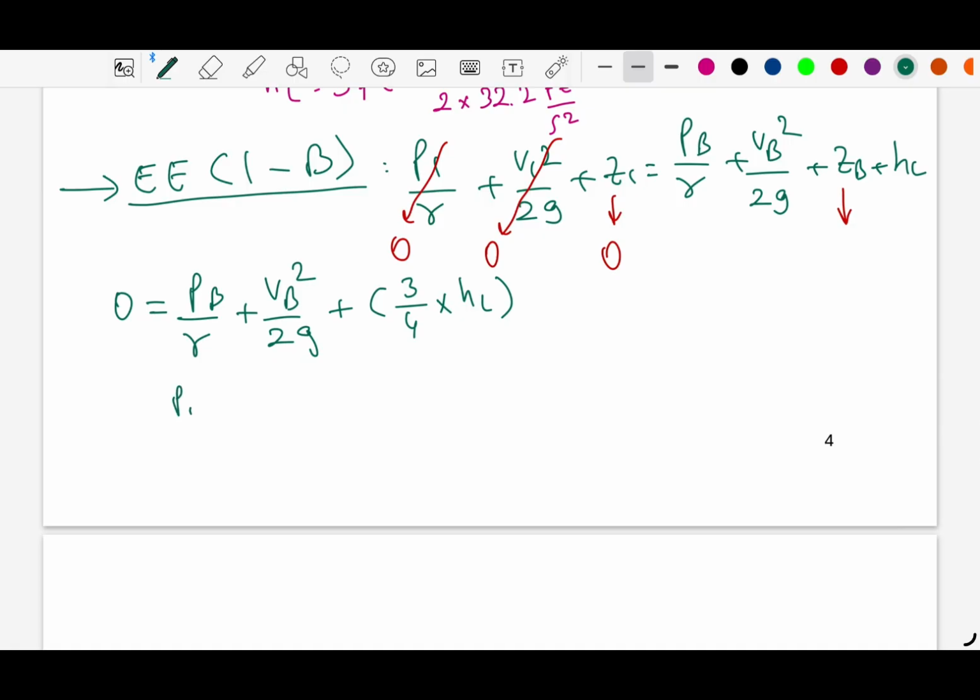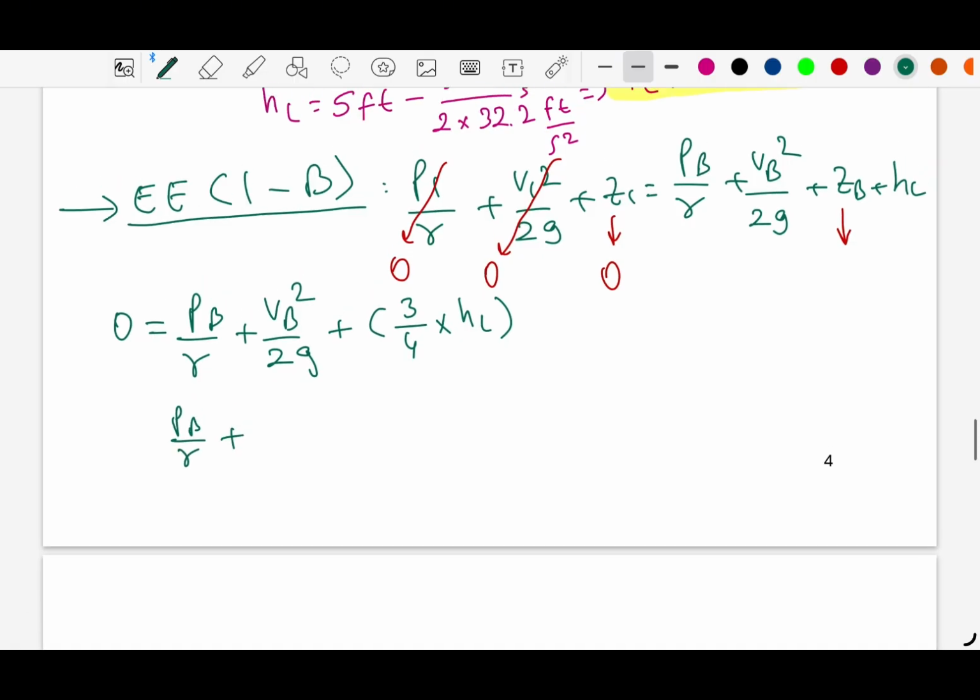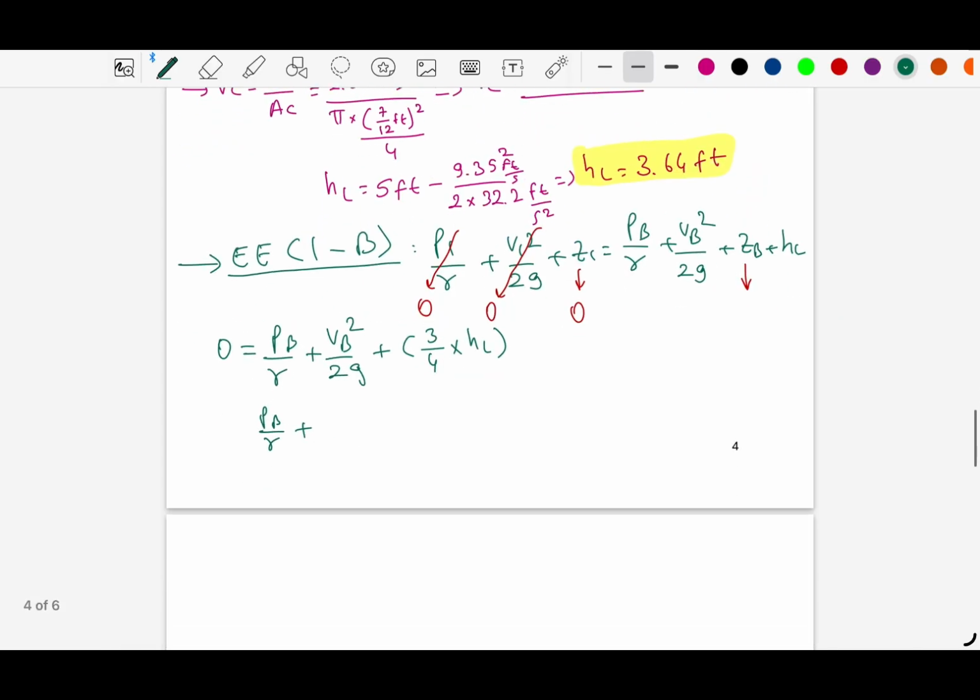So this means PB over gamma plus 9.35 V square. We have 2G, again 2 times 32.2 feet over square second plus 3/4 times 3.64 feet.